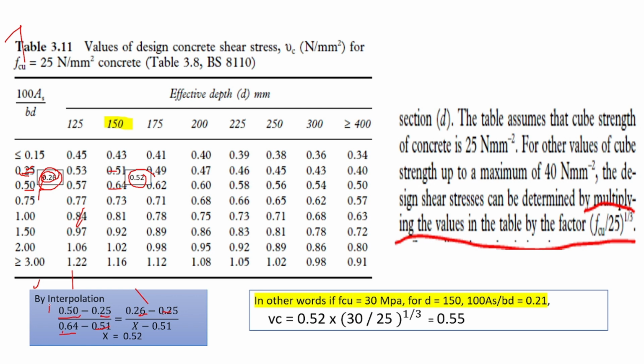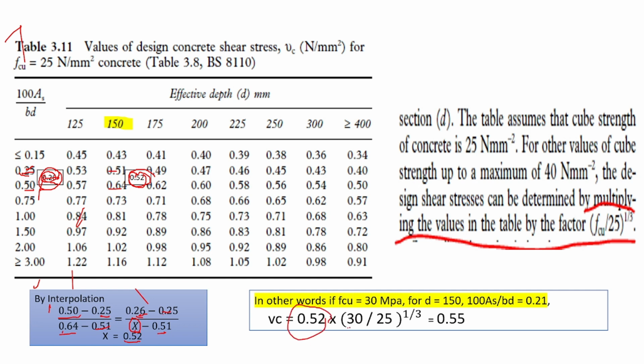So you have X. We need to get the corresponding value of that 0.26, so we write here X and then 0.51. Therefore we can use 0.52. 0.52 is somewhere in between 0.64 and 0.51. That's correct, because our 100 AS over B, this 0.26, is over here. So you use this 0.52 here.